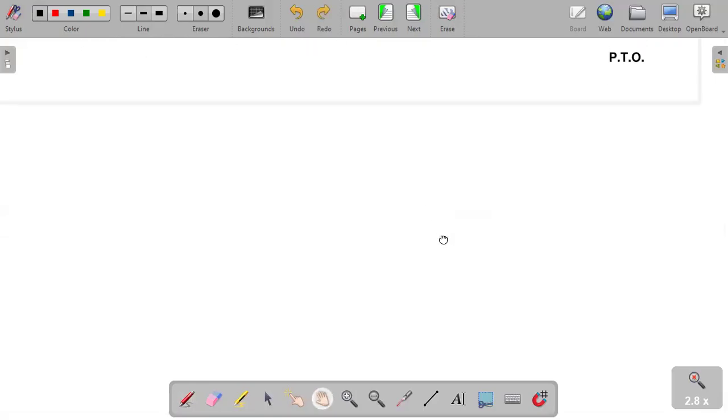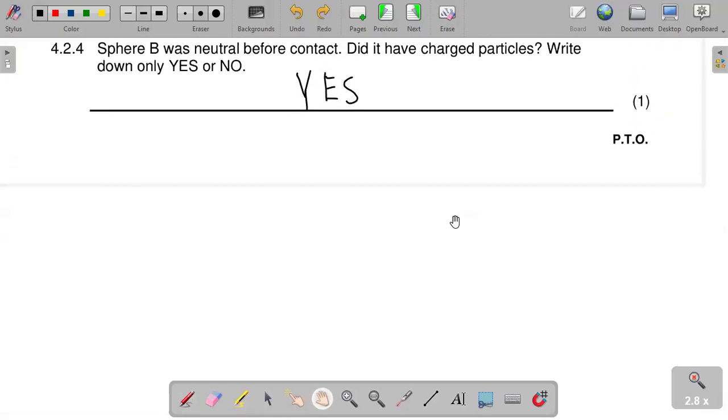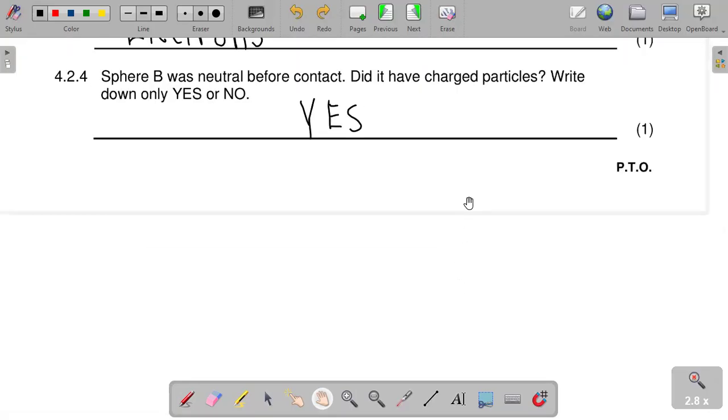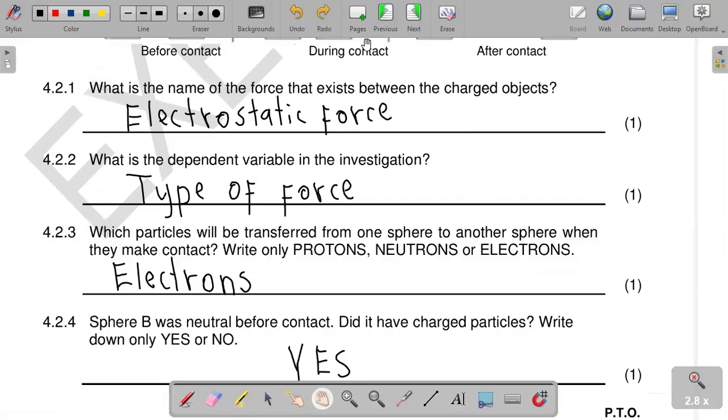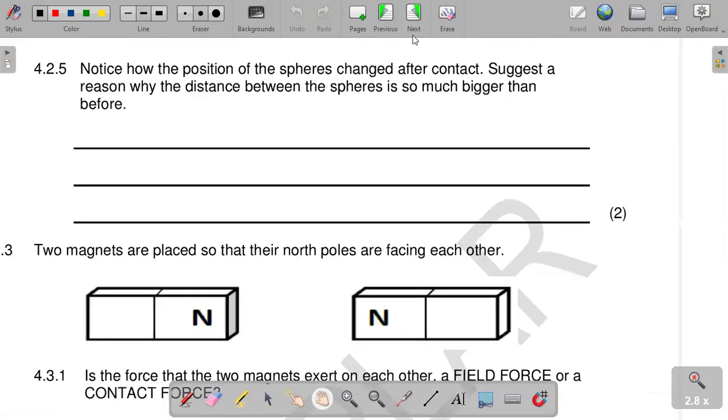So 4.2.5 is on the next page. Yeah, here we have 4.2.5. It says, notice how the position of the spheres change after contact. Suggest a reason why the distance between the spheres is so much bigger than before.